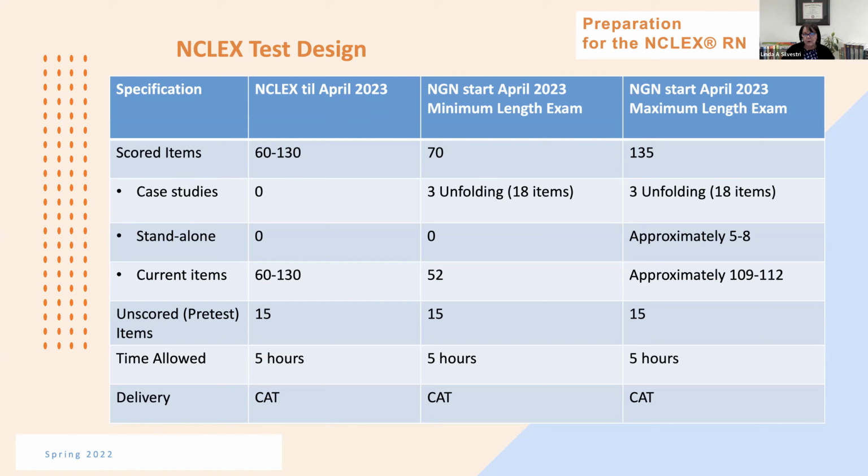So your minimum number of questions is going to be 75, and you will have 5 hours. It will be a CAT exam, which means it's computerized adaptive, and it's going to deliver questions to you based on those 4 major client needs categories and level of difficulty of the question, okay?